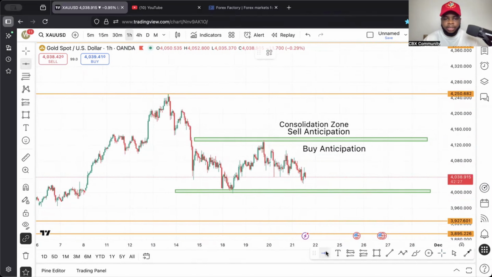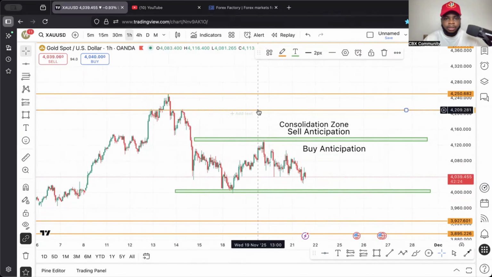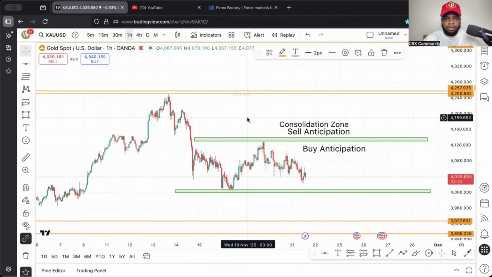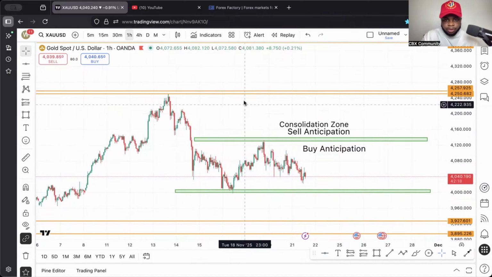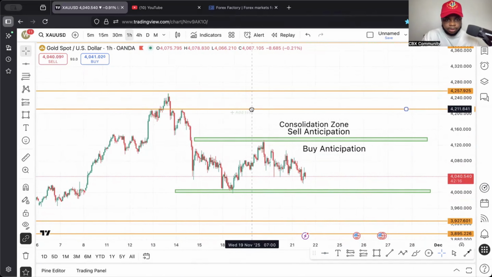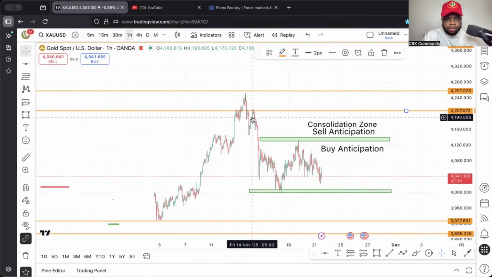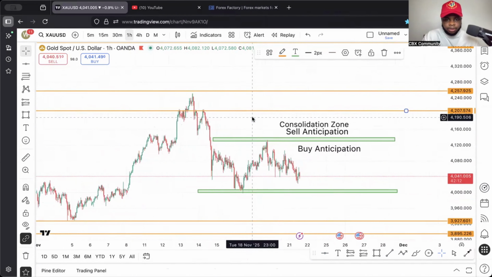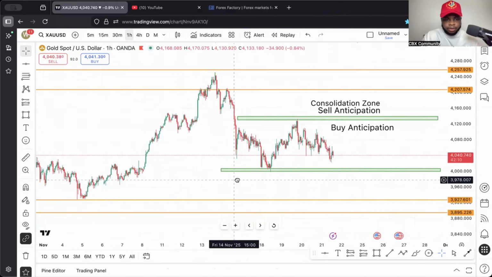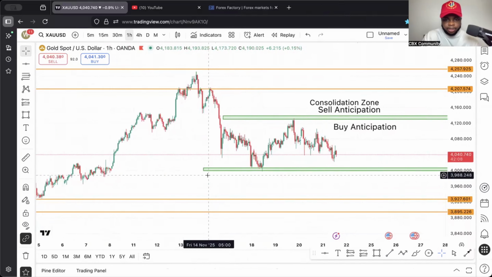We have a resistance zone over here. Let's move it here. We have a support zone over here.